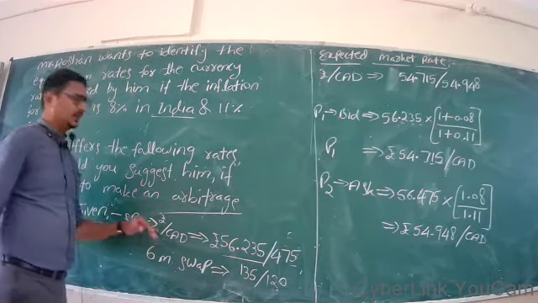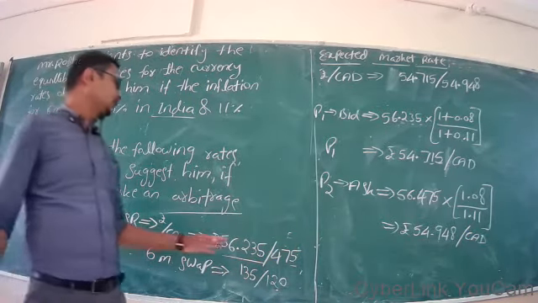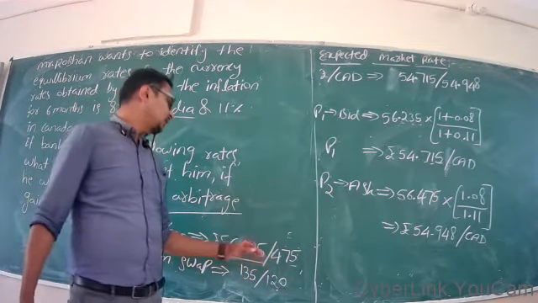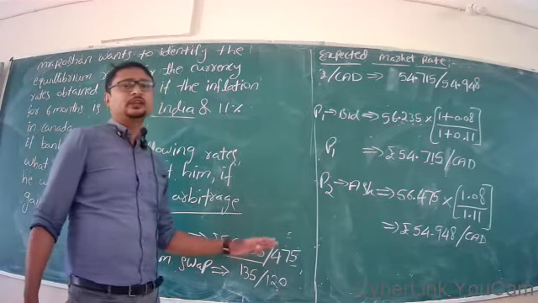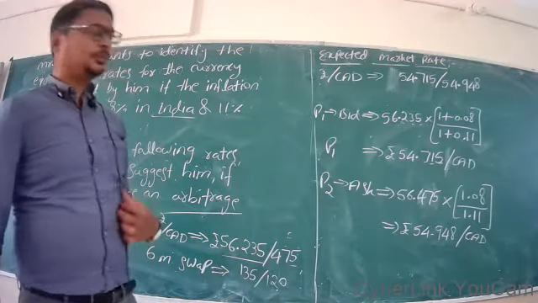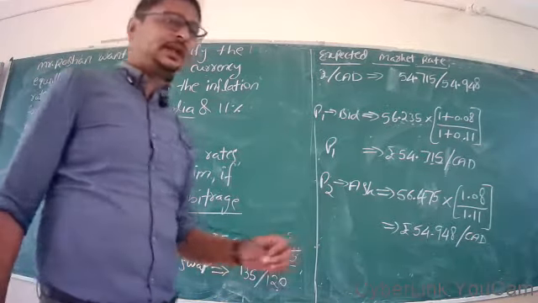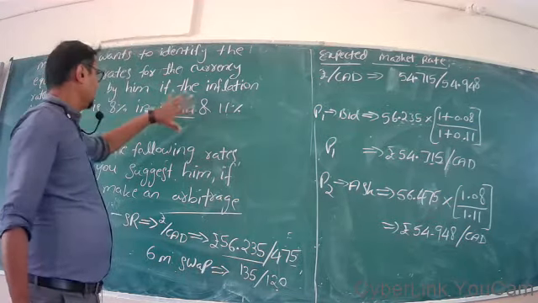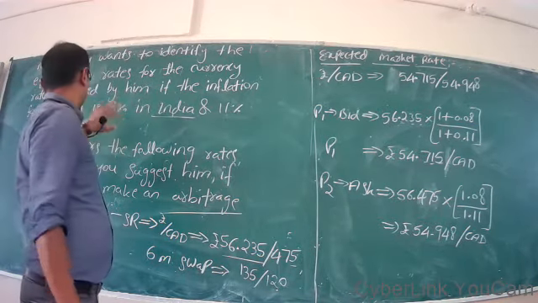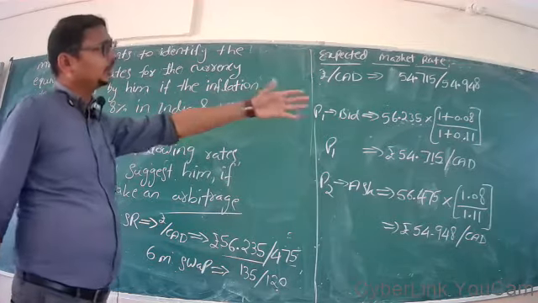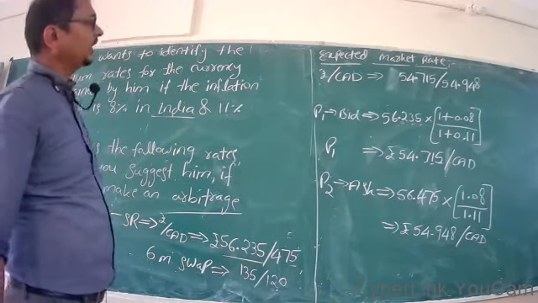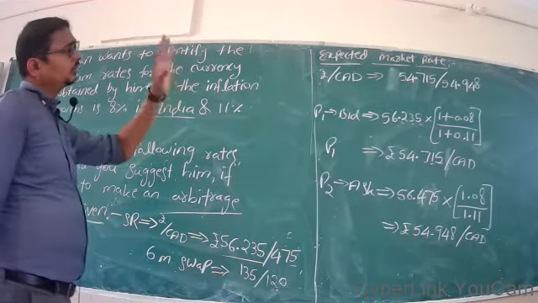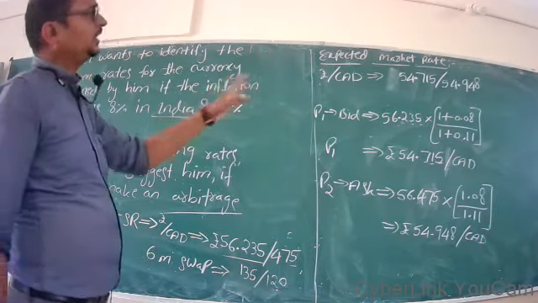The existing exchange rate given in the problem is 56.235 oblique 475, where 56.235 is the bid price and 56.475 is the ask price. We adjusted the inflation rates of both countries, 8% in India and 11% in the foreign country, with the spot rate.